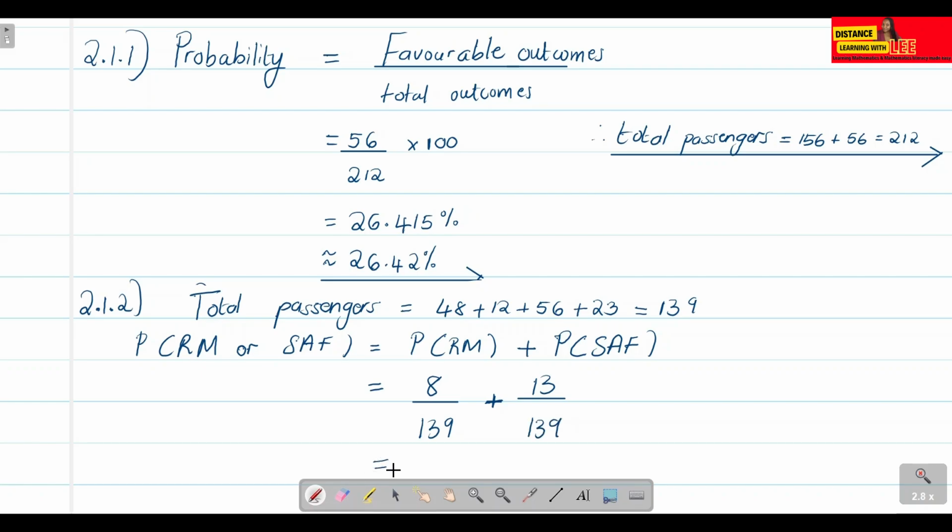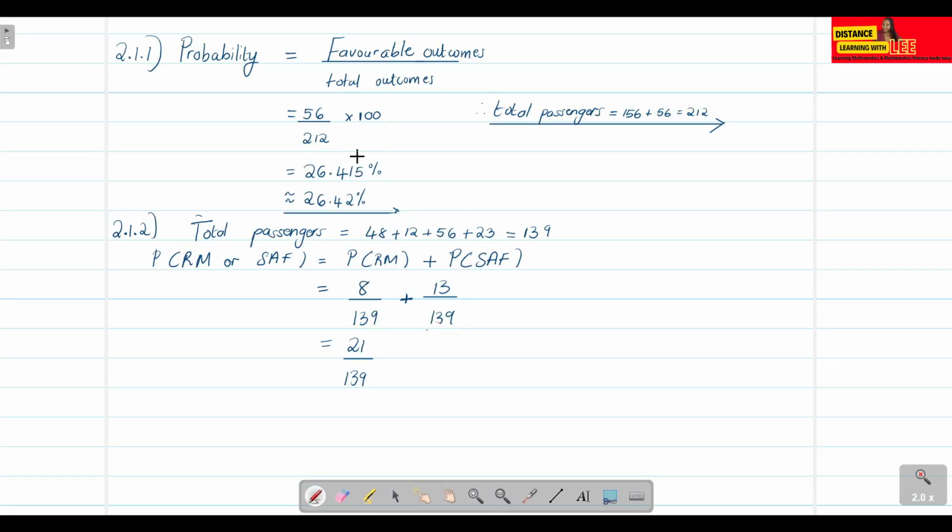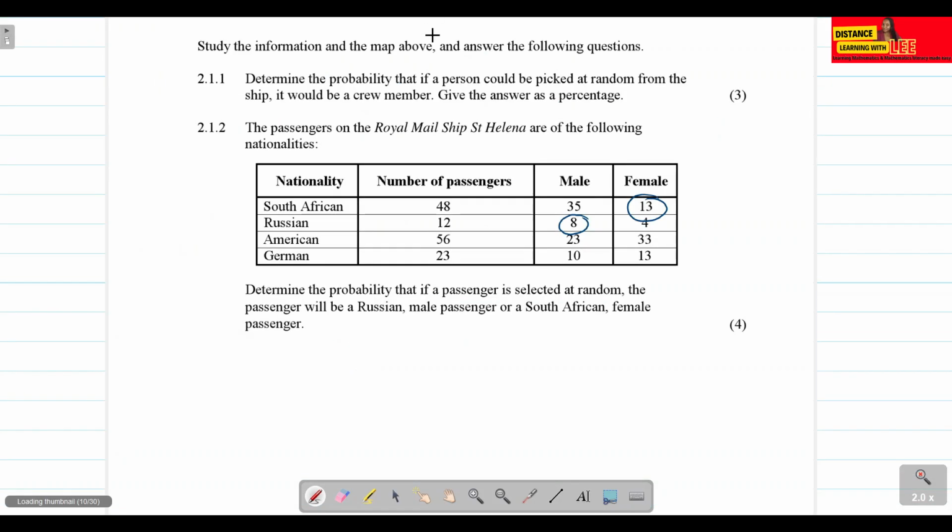If you punch that into your calculator, you will get an answer of 21 divided by 139. So the probability that if a passenger is selected at random, that passenger is either a Russian male or a South African female would be 21 over 139. Okay, so that is it for question 2.1.